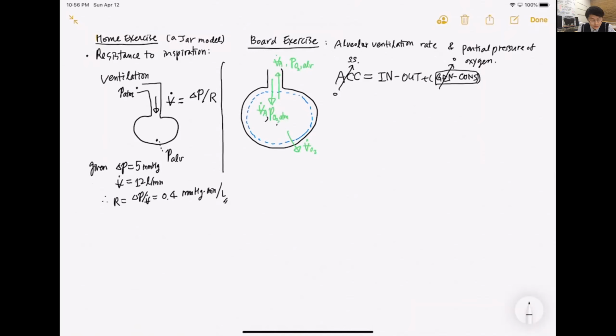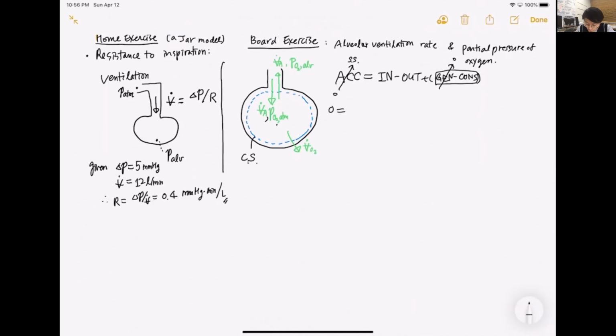So the equation now becomes: 0 equals, let's say, inside. This is a control surface. What's getting inside is inhalation. We are talking about the amount of oxygen, so that's the oxygen volume flow rate times oxygen's partial pressure.